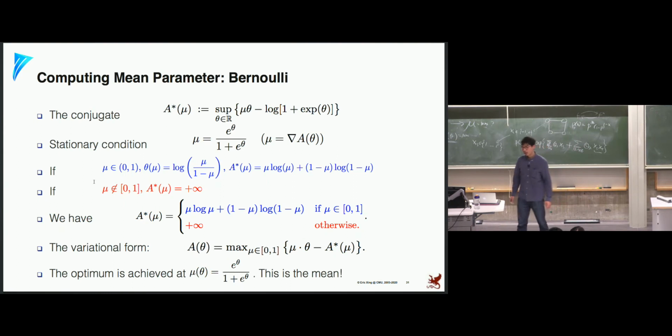And if you try to solve the right-hand side of A star and write down the stationary condition for theta, the optimal theta is going to satisfy this stationary condition. Mu is equal to something. And now if we want to come up with a closed form of A star, then we need to plug this theta into the right-hand side of A star, right? So we need to invert this relation a little bit.